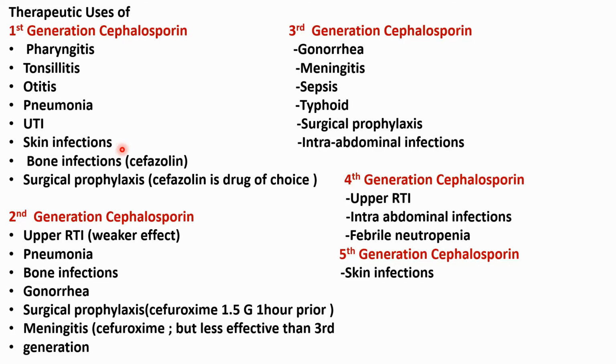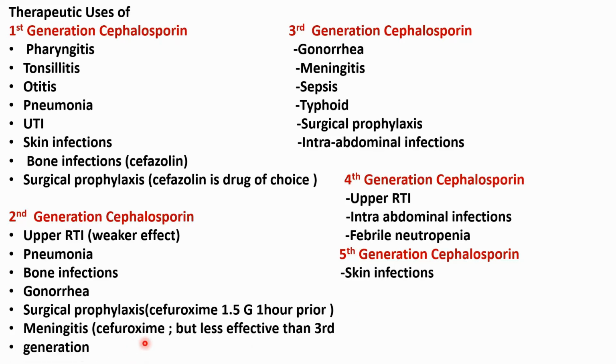Cefazolin is the drug of choice in surgical prophylaxis. Second generation cephalosporin derivatives are used for upper respiratory tract infection, pneumonia, bone infection, gonorrhea, surgical prophylaxis, and meningitis. So these are the uses of second generation cephalosporin.